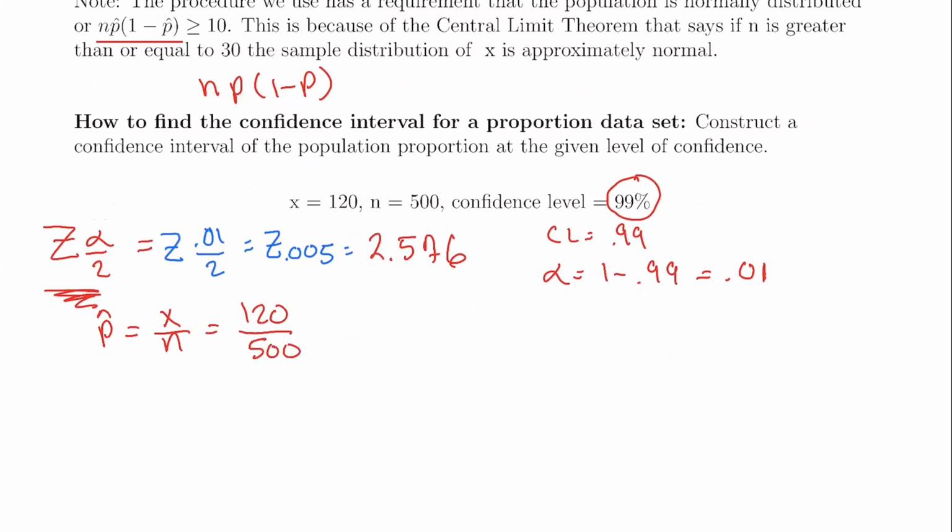So let's do 120 divided by 500. So you get 0.24. All right. So that's P hat. Any question on how I found P hat?